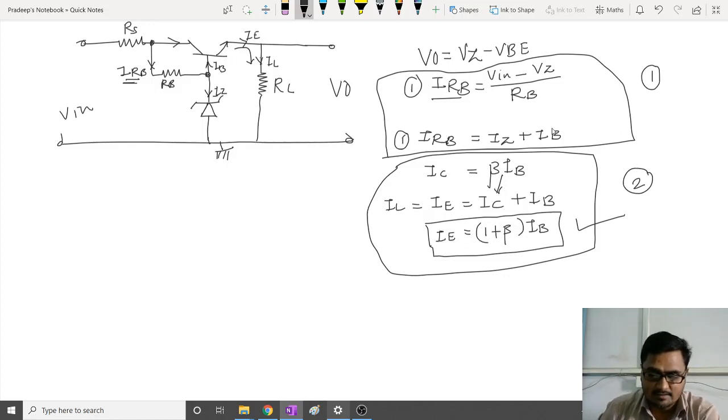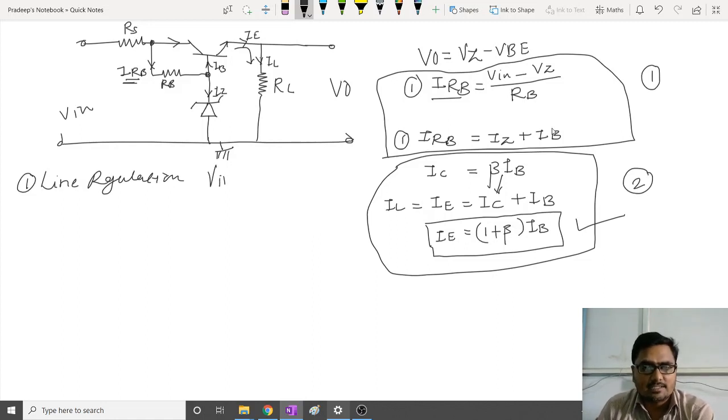So let us start with line regulation first. In line regulation, we need to change the line voltage, that is, the input voltage has to be changed.